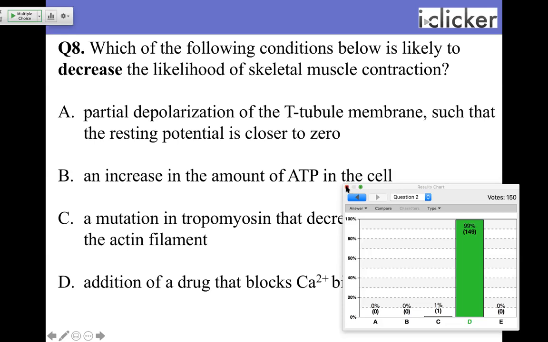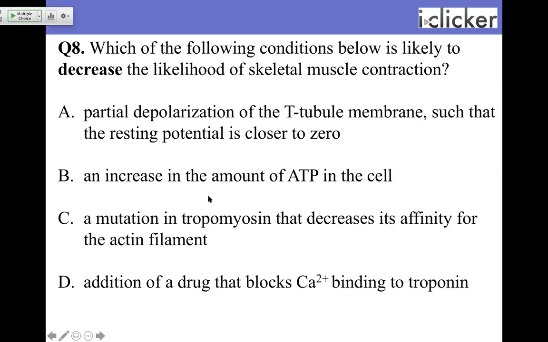So D is the correct answer here. D is the only one that would decrease contraction, right? If we're depolarizing the T-tubule membrane, anything that's causing even a slight depolarization would be increasing the probability of a contraction. If we add more ATP, we're going to increase the probability of a contraction.